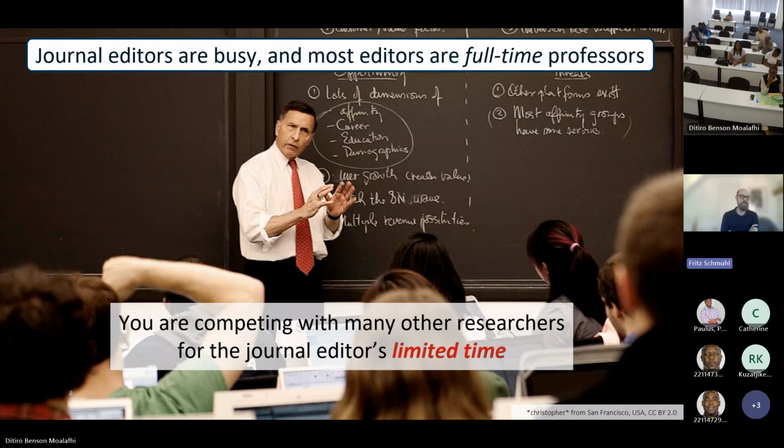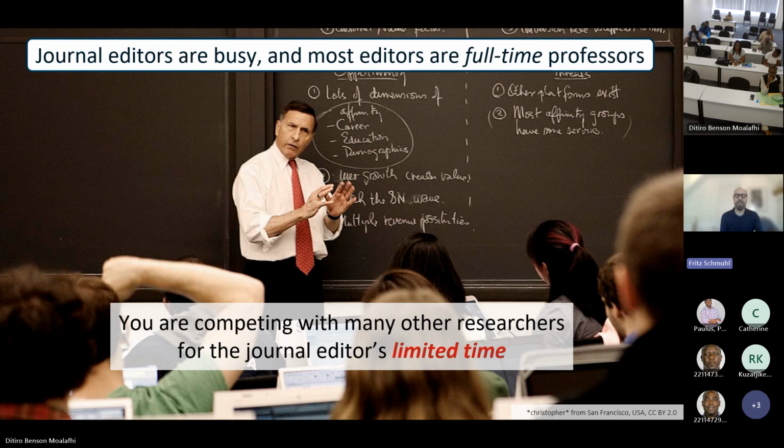That means that their time is going to be limited. But one also has to bear in mind that the bigger the journal, the higher the impact factor, the more you're going to be competing with a lot of other authors who want to publish in the journal.